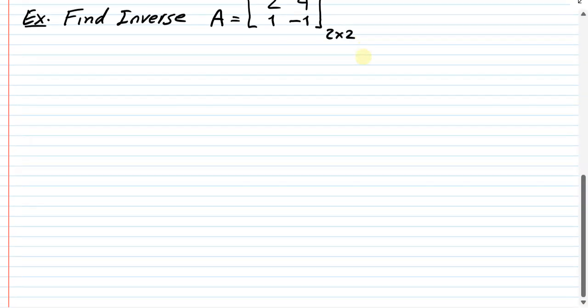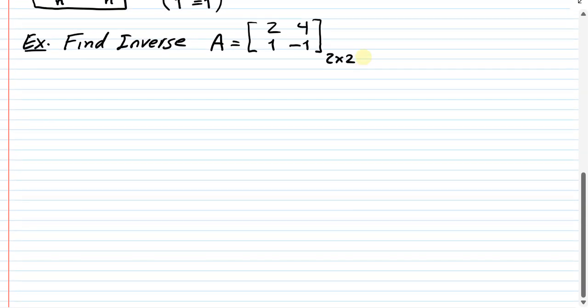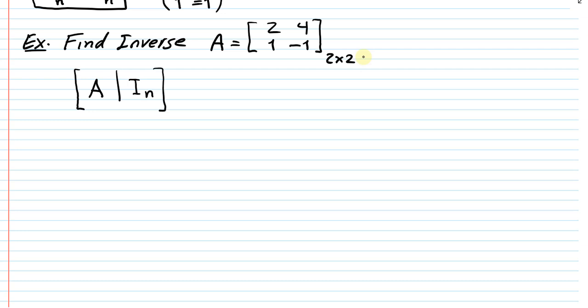So how are we going to actually find this inverse? Well, to do this, we're going to form the augmented matrix A augmented by the identity matrix of a similar order. So in other words, for my example, I'm going to augment A in a moment with a 2 by 2 identity matrix.